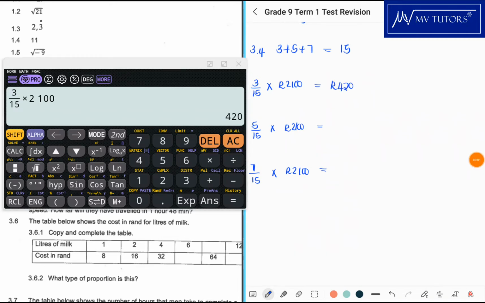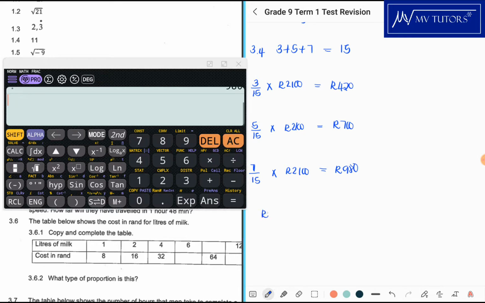All right, and then the second one, we have 5 over 15. So in a calculator, just going to change that. And then you get 700. Then lastly, it'll be 7 over 15. And that's 980. And that's it. But you also just need to check.